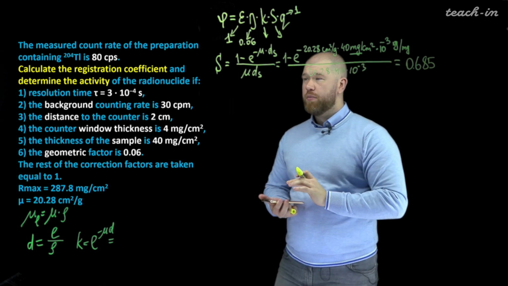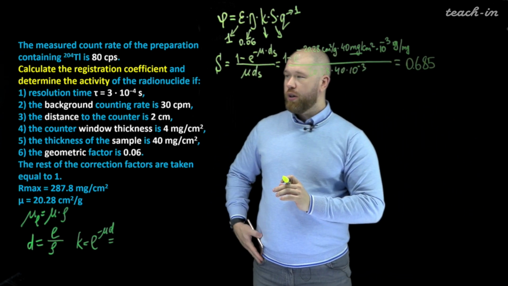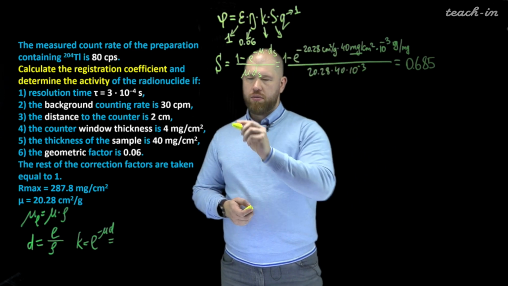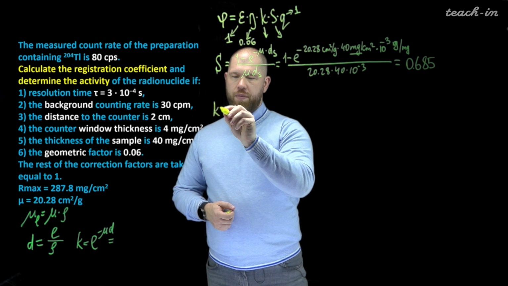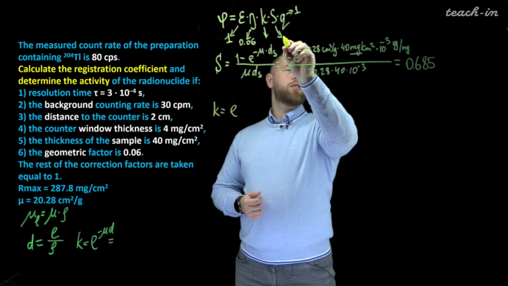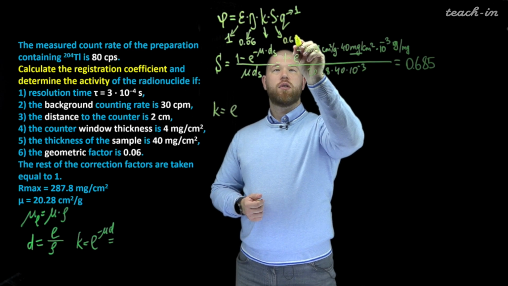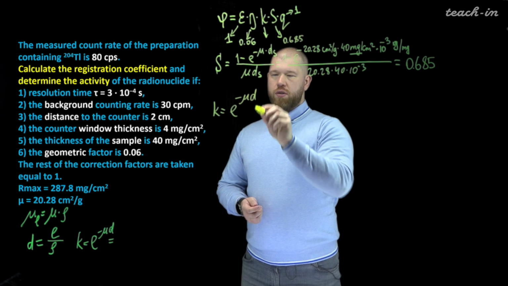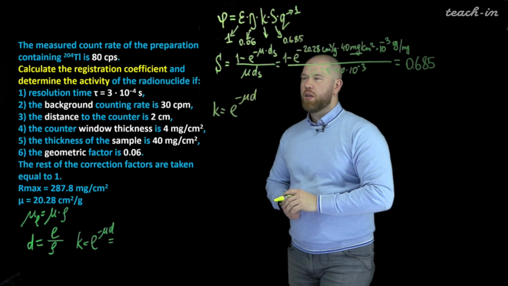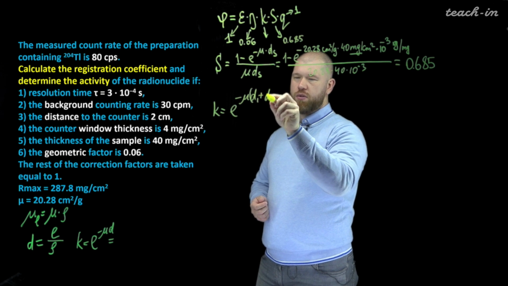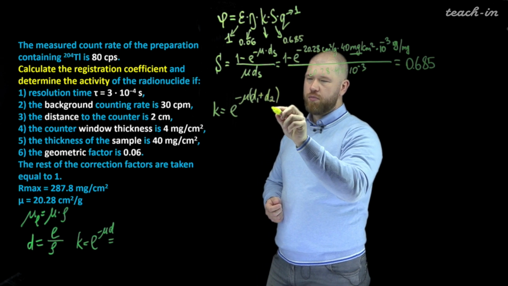Okay, then we have to calculate the attenuation coefficient. That is equal to, so we can write it here, exponent minus mu d, and in this case it is d1 plus d2.